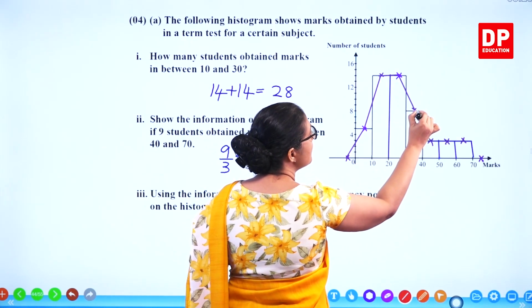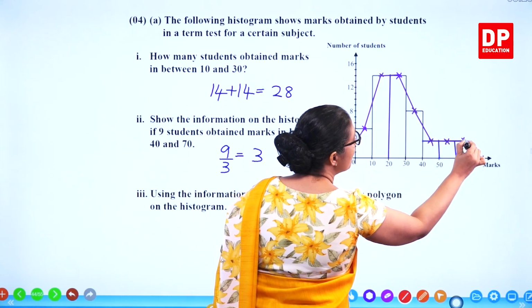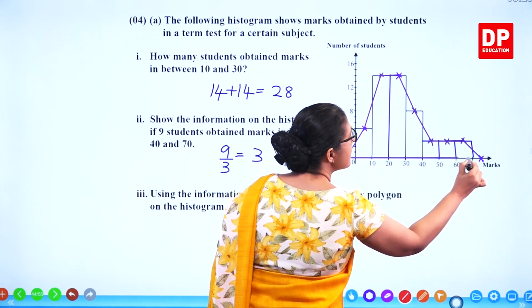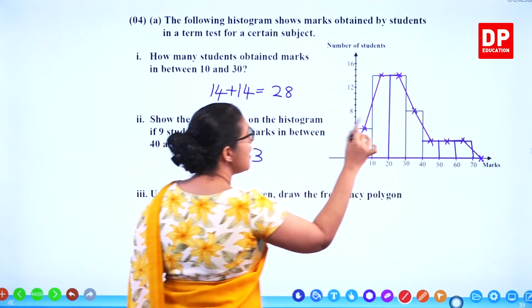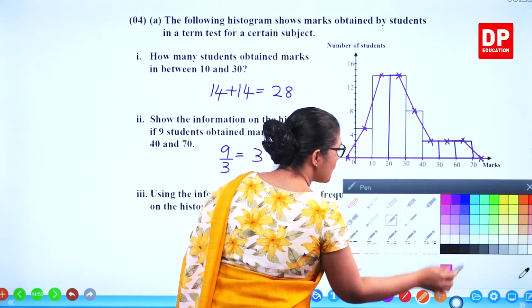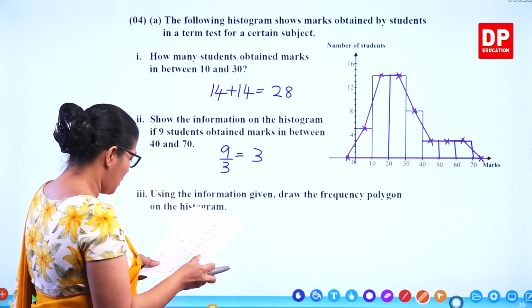Here to here. And then connect this line as well. So this is the frequency polygon. So we'll see how many marks you get for these 3 steps.